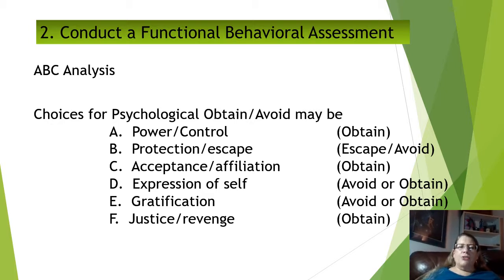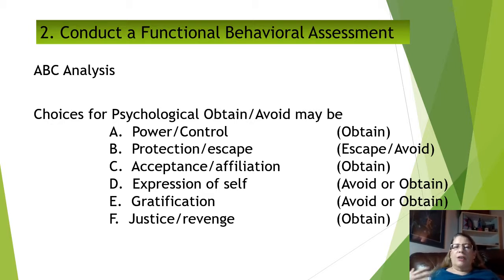So power and control is an obtain, but is it a socially mediated access, or is this actually an escape type of thing? Usually power and control is obtained, but does it really involve people? I don't know.